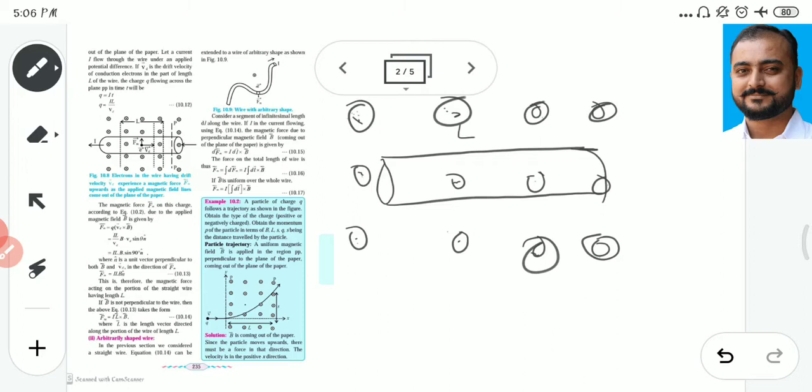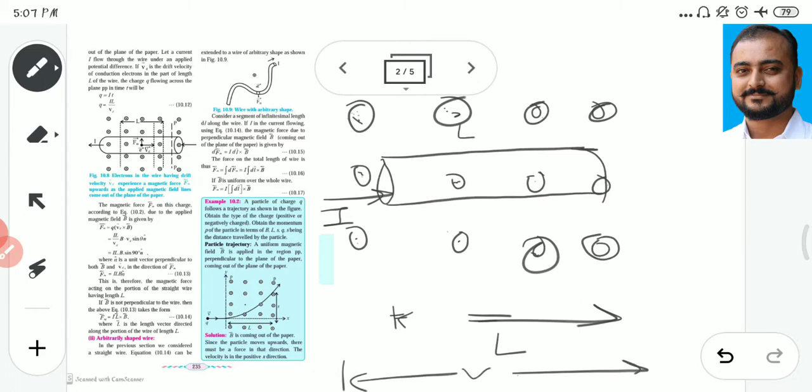Let L be the length of the conductor. After that, we consider that the current flowing through the wire is I. So let I be the value of current flowing through this wire, and the potential difference applied across it is V. A current flowing through the wire means positive charges are moving through the wire from this end towards this end.